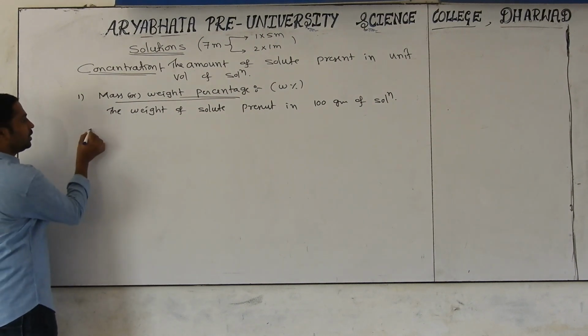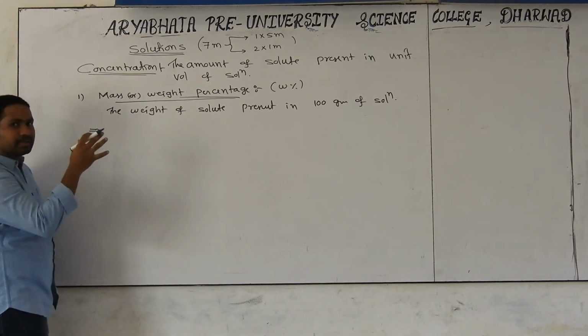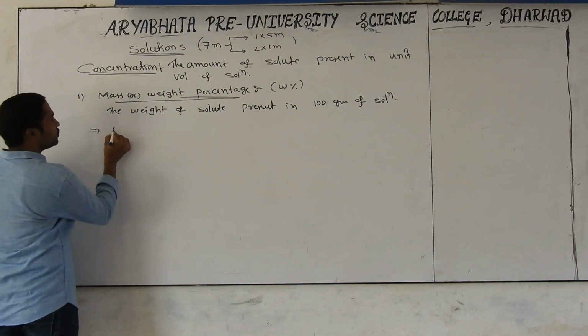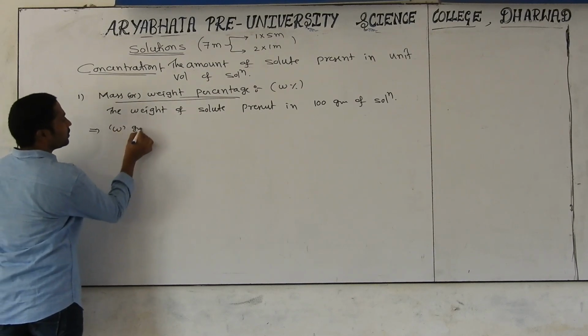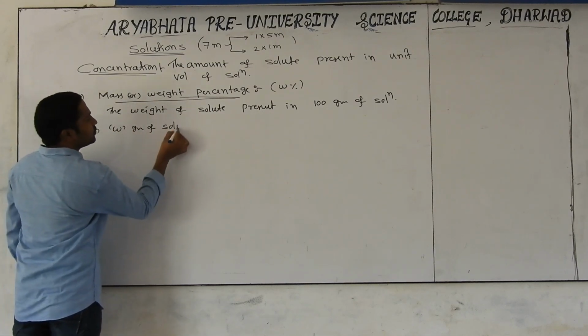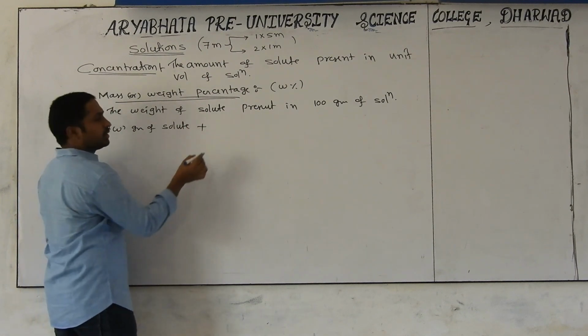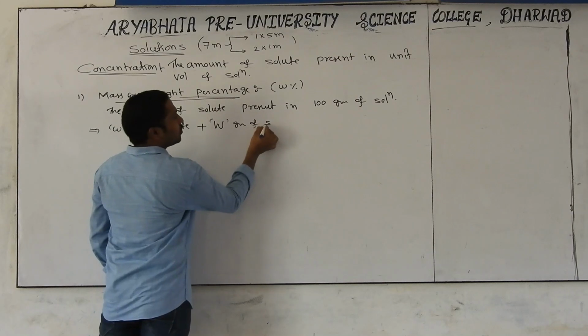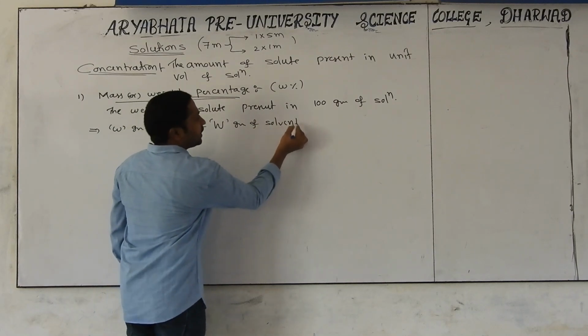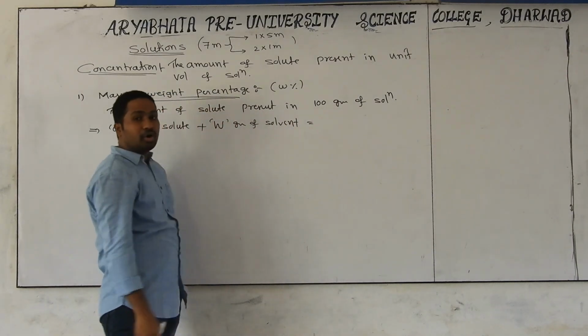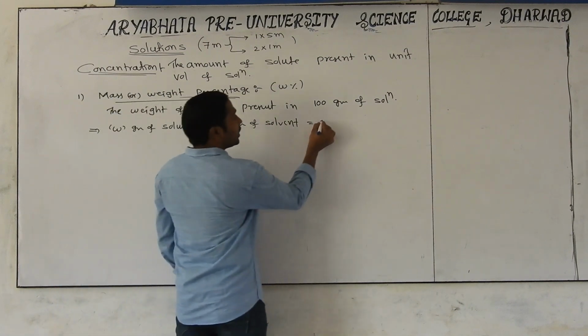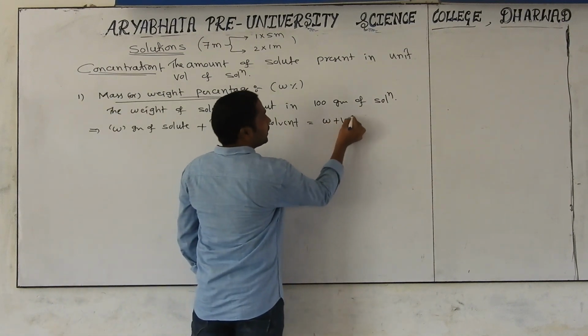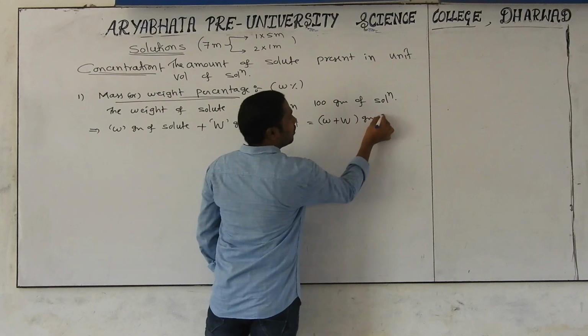For example, to get the formula, I am taking some standard information. Small w grams of solute is mixed with capital W grams of solvent. Then we get the solution, small w plus capital W grams of solution.